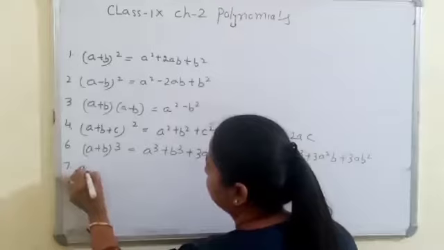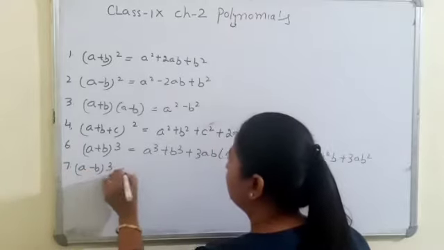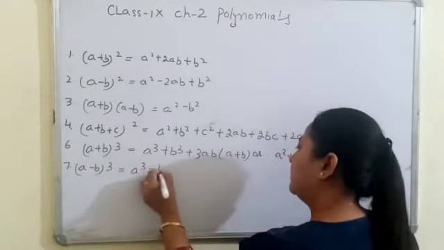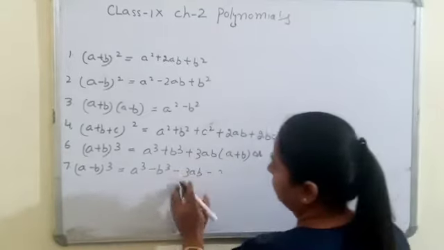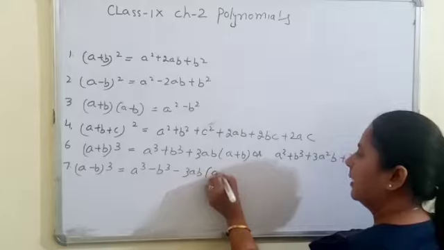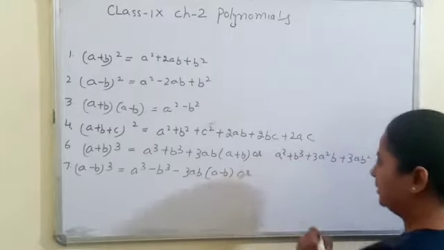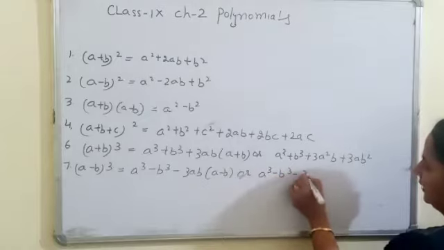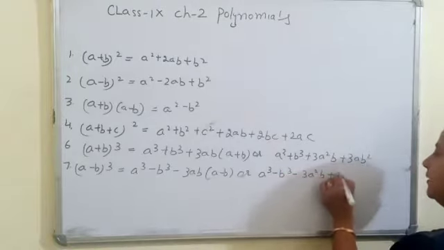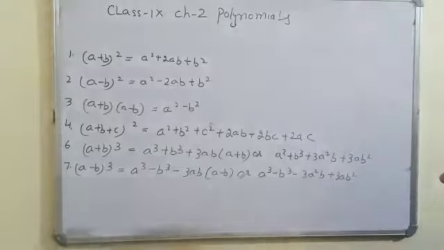Seventh is (a minus b) whole cube, a cube minus b cube minus 3ab into (a minus b), or we can write a cube minus b cube minus 3a square b plus 3ab square.